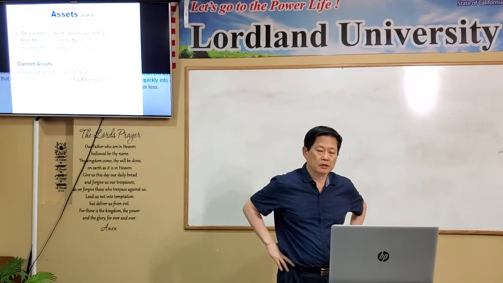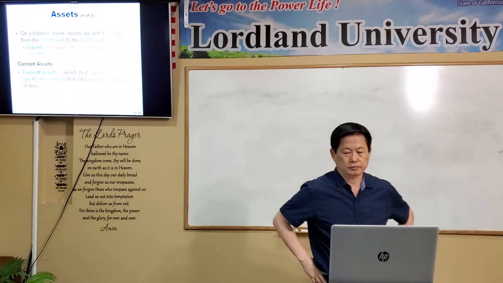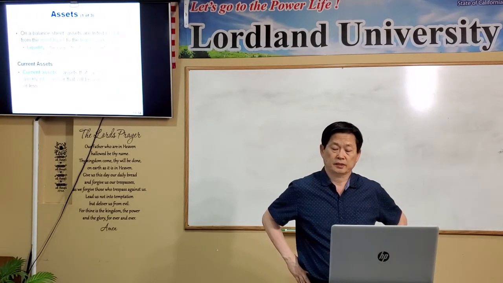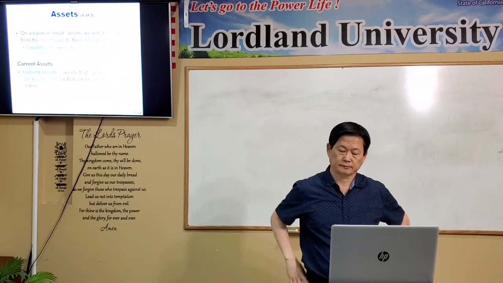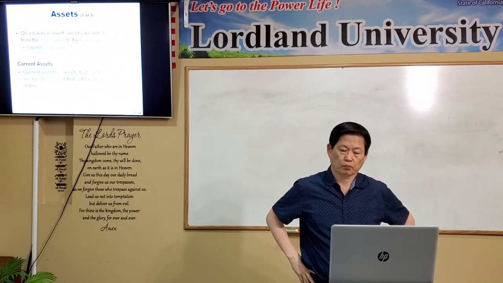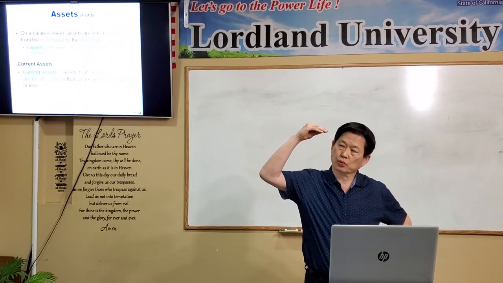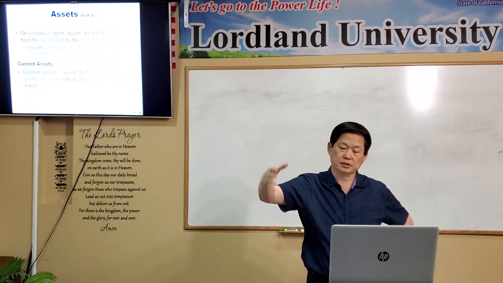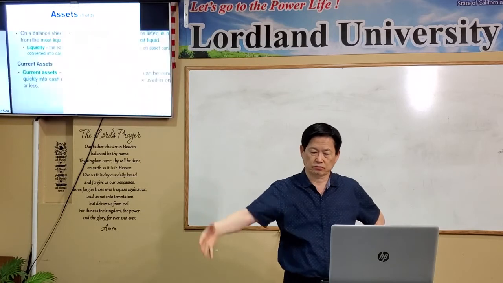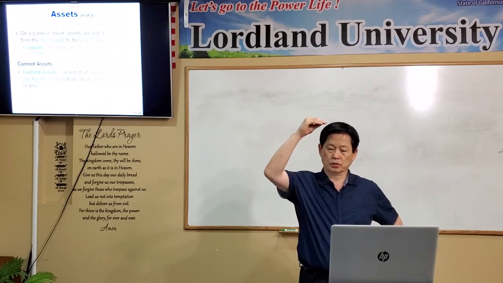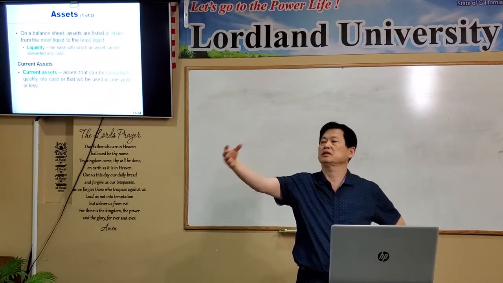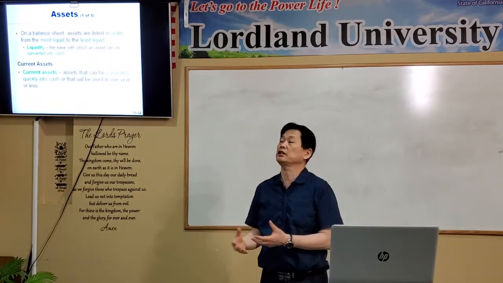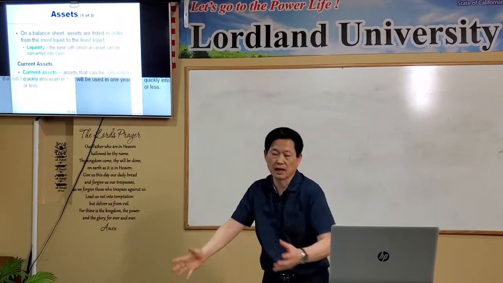On a balance sheet, the assets are listed in order from the most liquid account to the least liquid account. Most liquid asset is cash. Cash is exchanged simultaneously, at the same time.